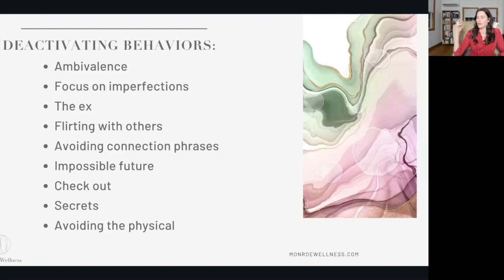We might not want to go back to them, but we don't see them with all the imperfections that we were seeing before. So when we get into a new relationship, we start comparing the person we're with to our ex. This person isn't like that person, and that person was so much better than this.